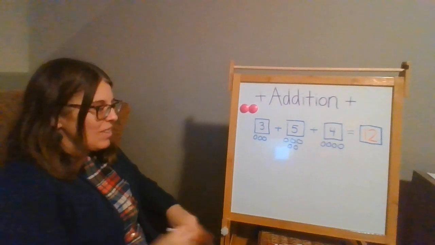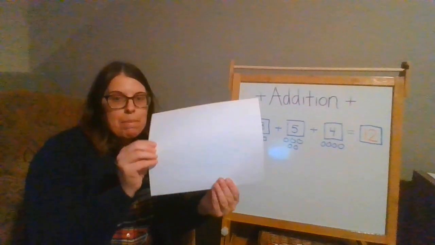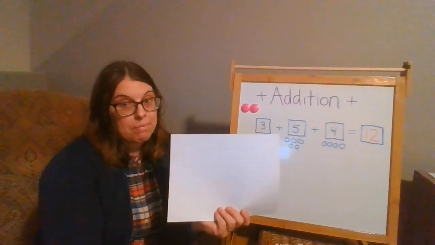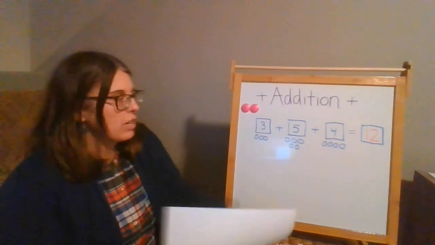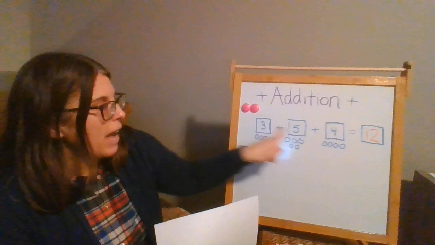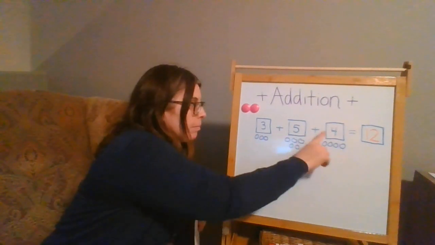Okay, so now let's get to what I want you to do today. I want you to take this blank paper, and I want you to come up with a story problem. And I want you to write an equation with it. Now, when you do your equation, I want you to have at least 3 parts. Remember, these are called addends. At least 3 addends.